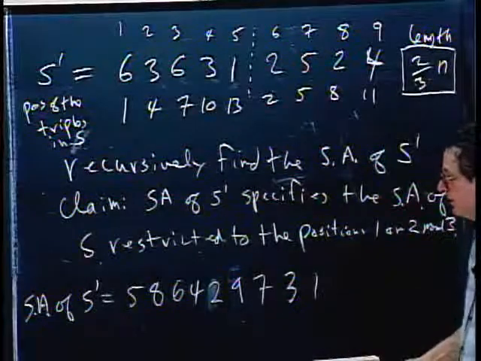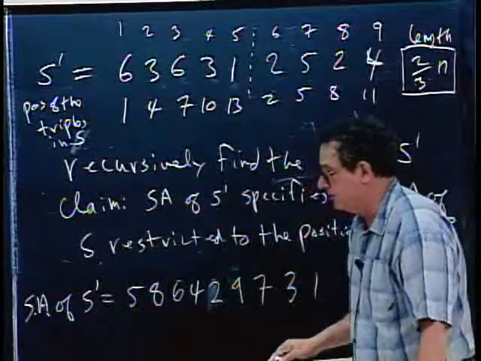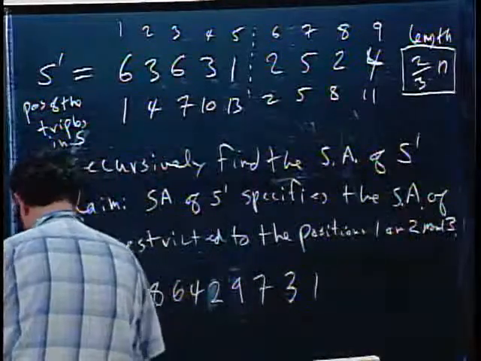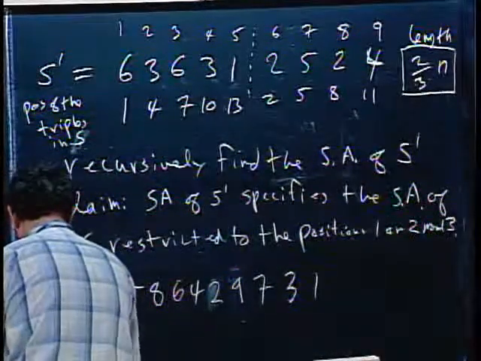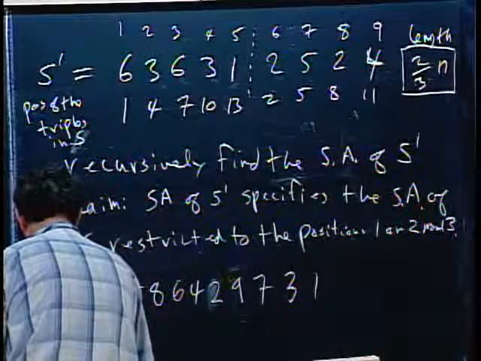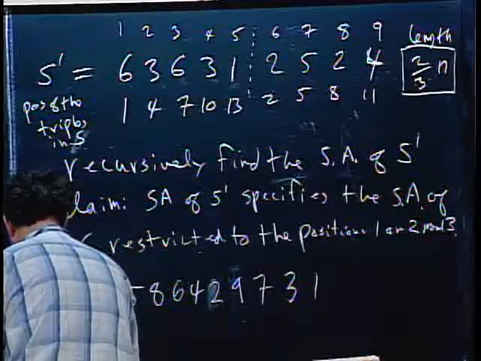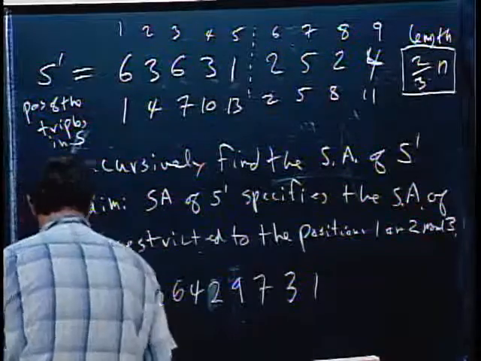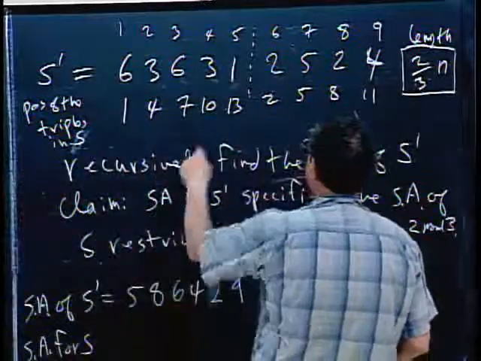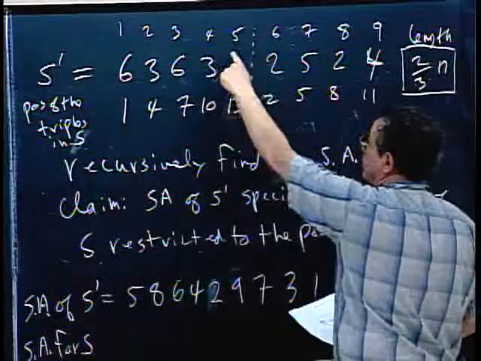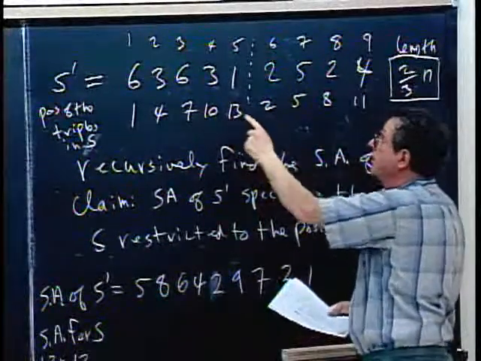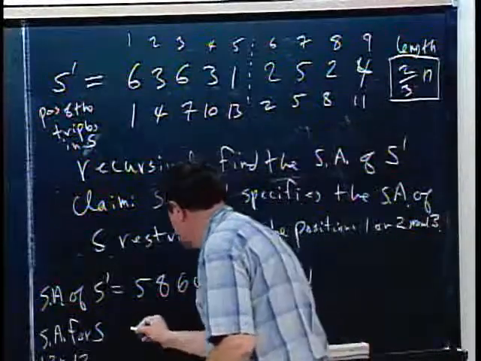And now translate back these positions to the positions in S. So the suffix array for S in positions 1 or 2 mod 3. Well, position 5 in S prime was really position 13 in S. So that's 13.